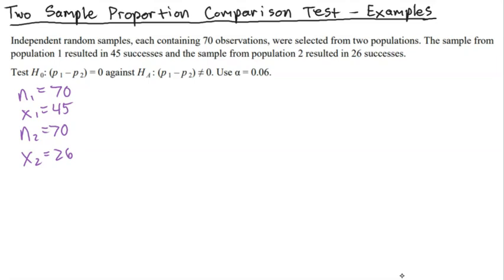And it says test the null hypothesis that P1 is equal to P2 against the alternative hypothesis that they're not equal. So that's a two-tailed test. How do I know? Because it says not equal to. Okay, it says use alpha equals 0.06. So the level of significance is 0.06. We can write that here. Alpha equals 0.06.